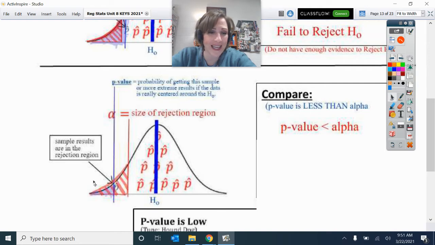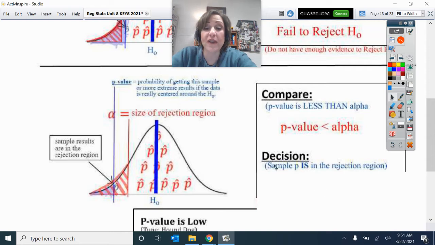So guess what? If that p-value is small, that is happening because the sample is in the rejection region. So if the sample proportion is in the rejection region, then what decision should I make about the null hypothesis?